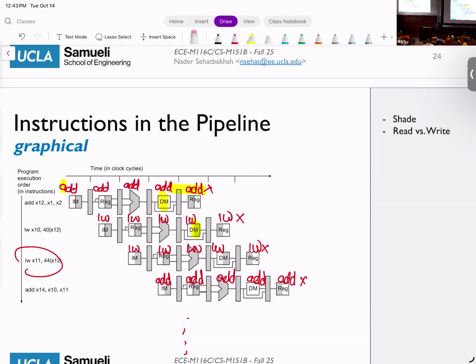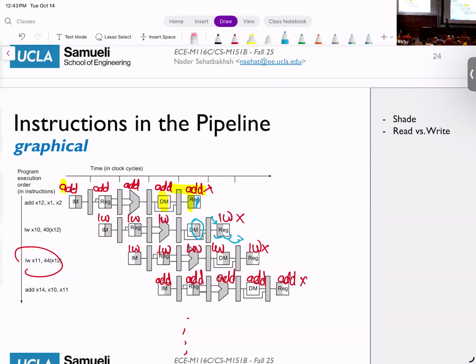Another thing is that writing happens in the first half and reading happens in the second half. So when I'm writing, I'm writing in the first half, and when I'm reading, I'm reading in the second half.